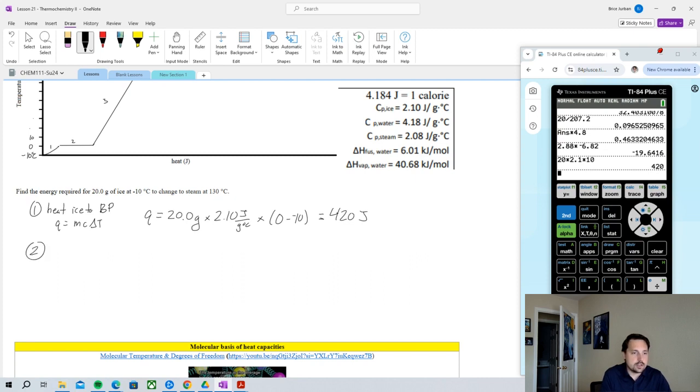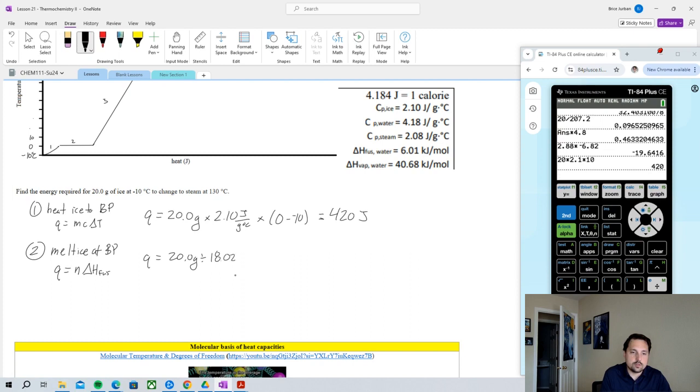Second process is we're going to melt ice at the melting point. When it's at the melting point, there is no change in temperature. So we'll use the equation Q equals n times the heat of fusion. So we'll need to divide by the molar mass of water.